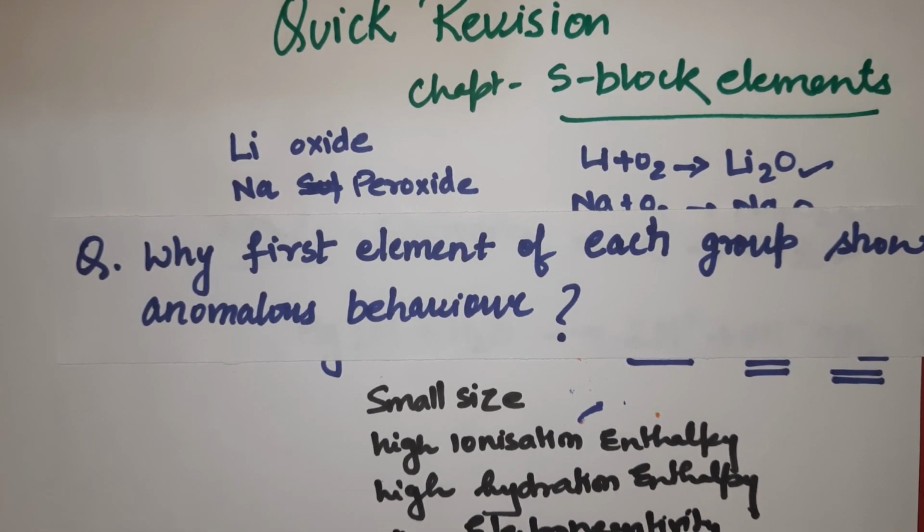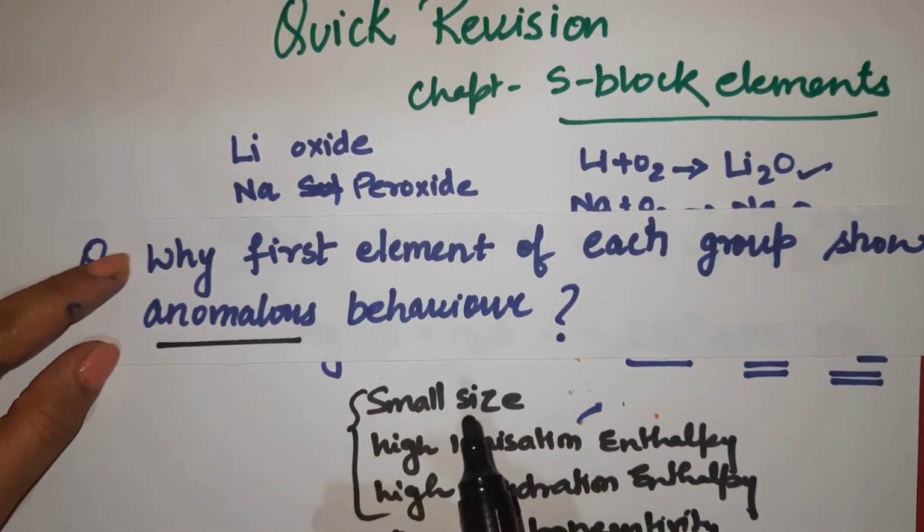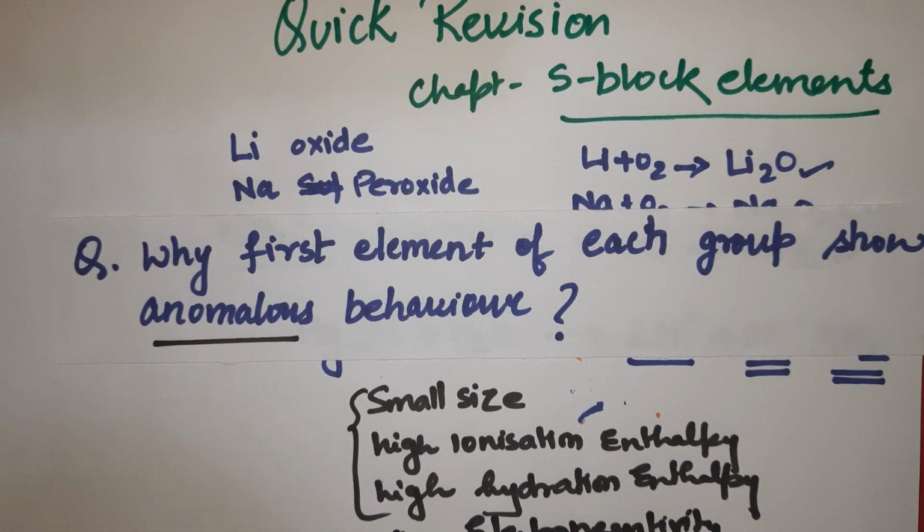Okay, so these are the reasons why they show anomalous behavior. Anomalous means some different type of behavior which other elements of the same group are not showing.